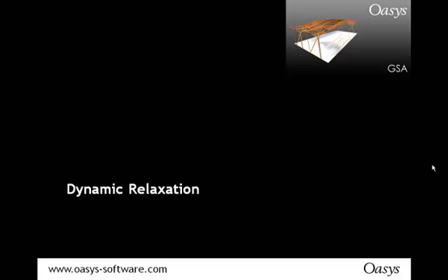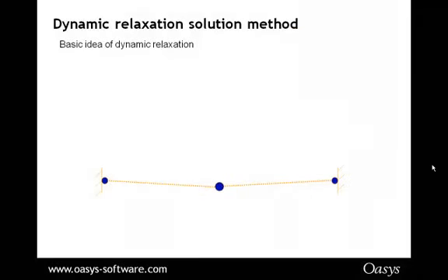With GSA, the nonlinear solver uses a method called dynamic relaxation, which is essentially a dynamic method of finding results. So you apply a load, forces produce accelerations, accelerations produce stresses and strains, and so on.